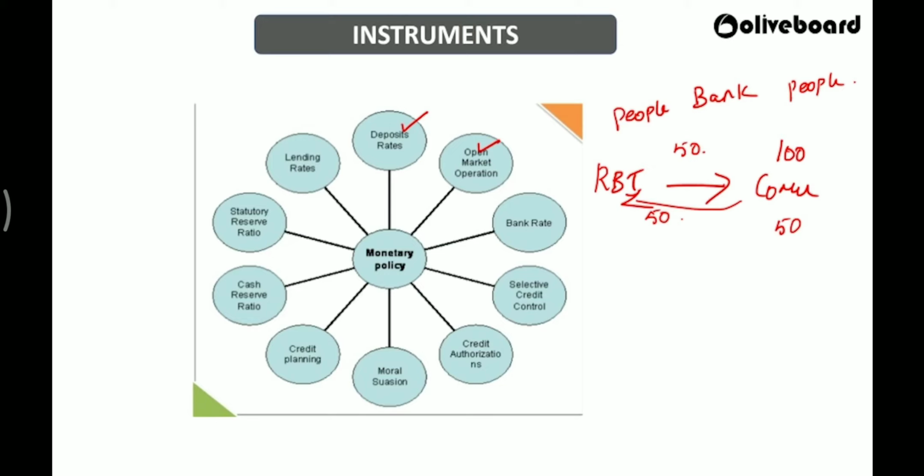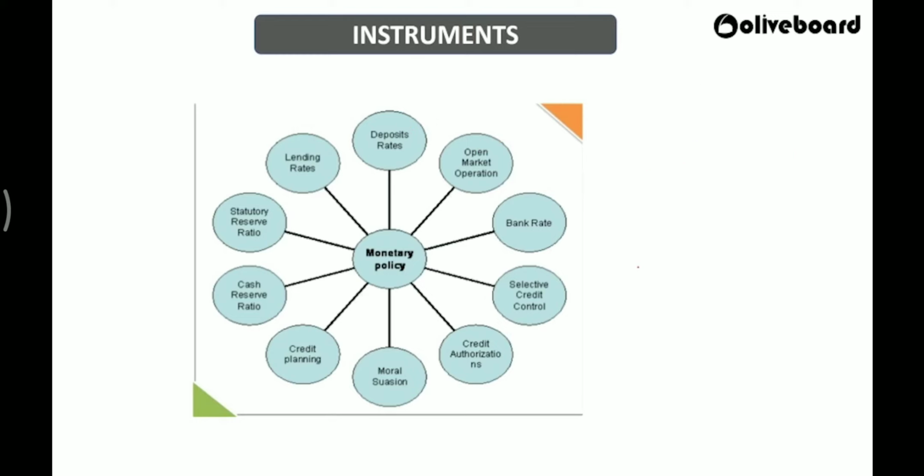Because of that, the money supply in the economy will increase. All right, so the main aim of RBI in using all these instruments is to what? Either to increase the money supply or to decrease the money supply based on the economic conditions.